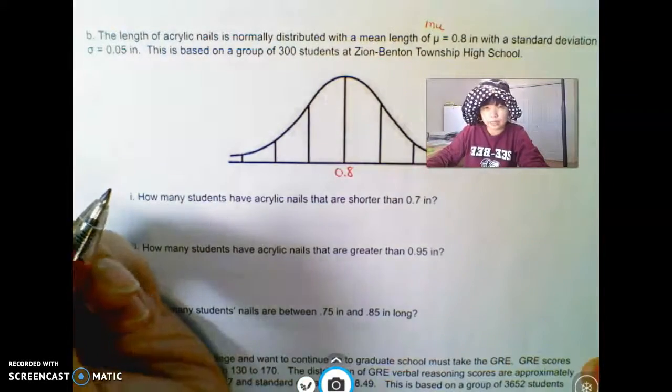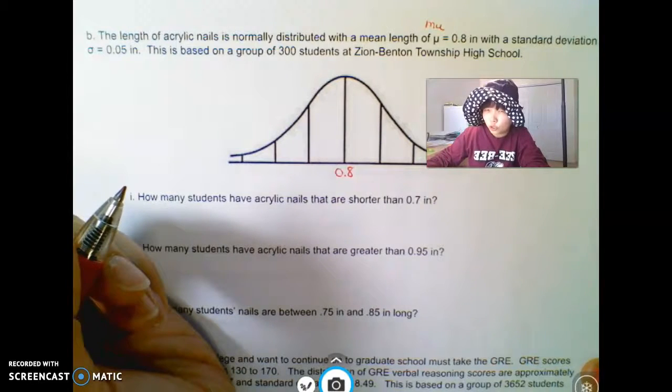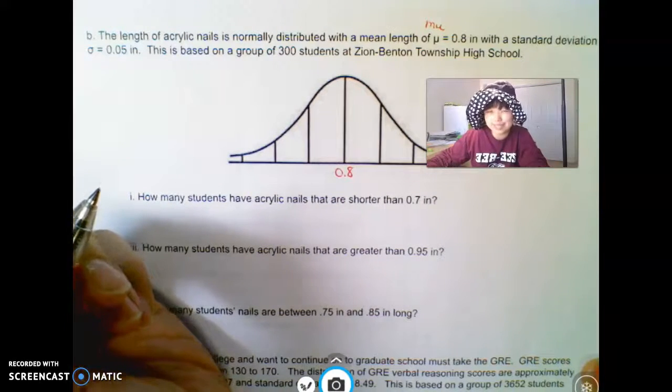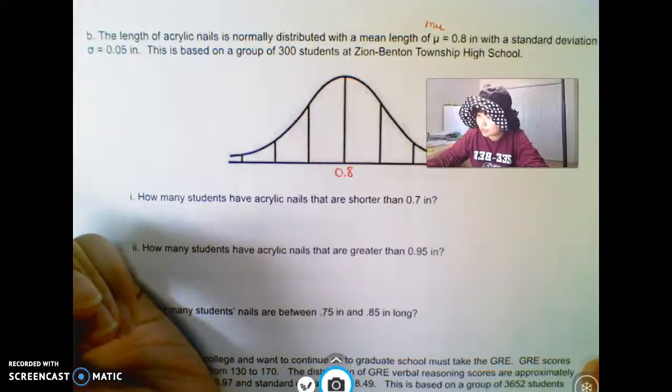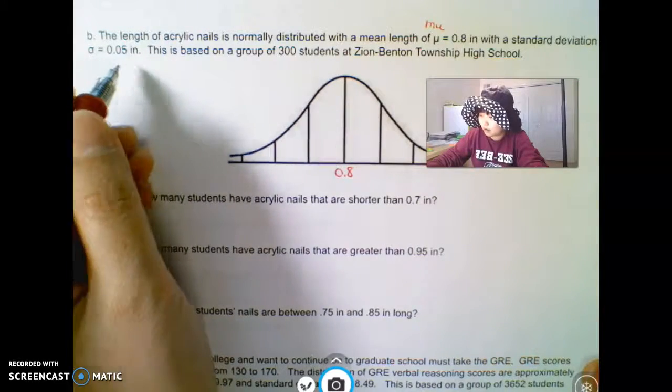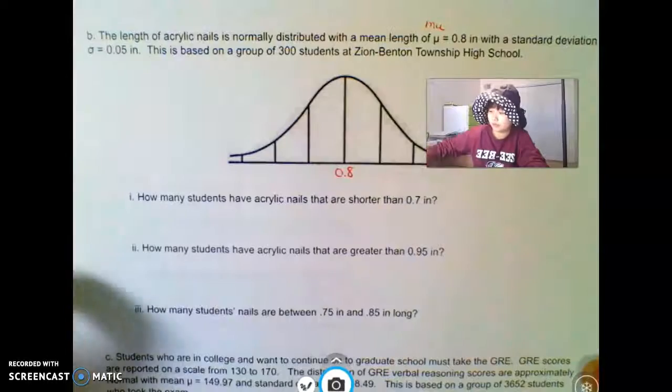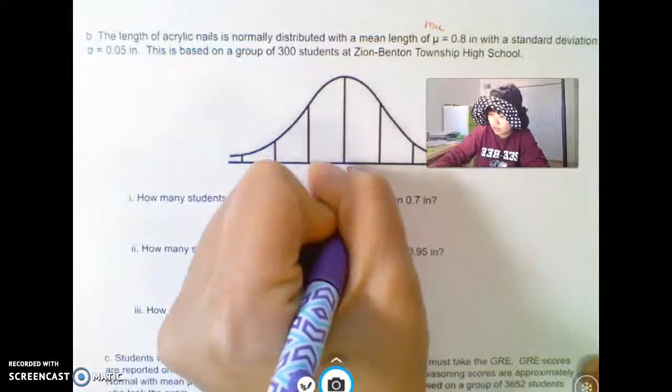It just sounds cooler if you say mu instead of mean. With a standard deviation, sigma, of 0.05. Tiny numbers.